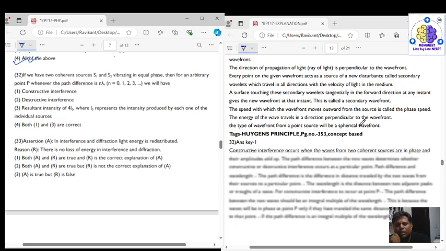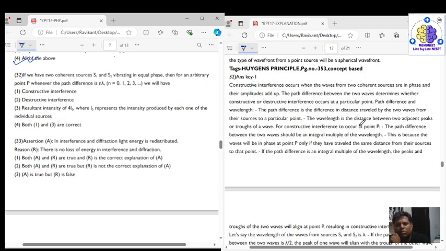Now coming to question number 32. Question number 32 says that if we have two coherent sources S1 and S2 vibrating in equal phase, then for an arbitrary point P where the path difference is n lambda, we will have constructive interference, right?